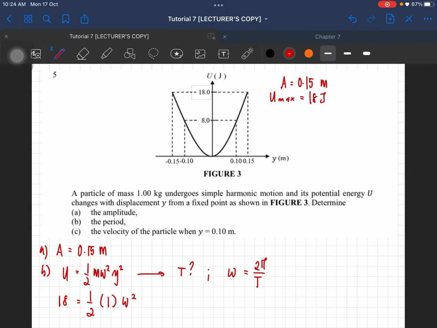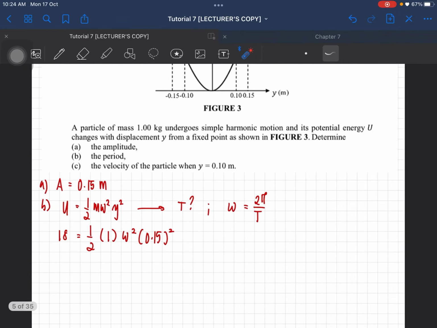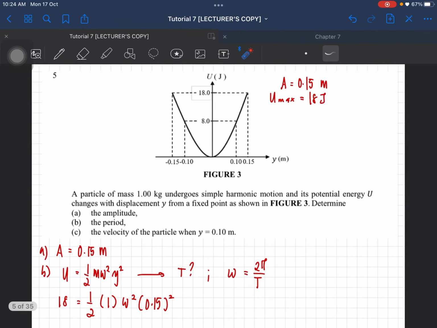Omega is what we are looking for. Y is 0.15 square. So if you don't want to use 18 joule, you could also use 8 joule. Just make sure your y is equal to 0.1, not 0.15. So it should tally. Whichever one you want to use: if 18 joule, you must use 0.15; if you want to use 8 joule, you must use 0.10 meter.